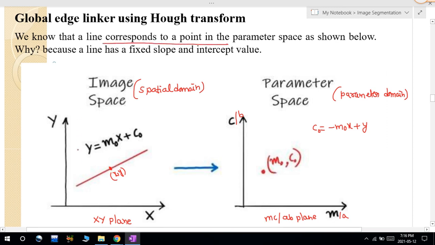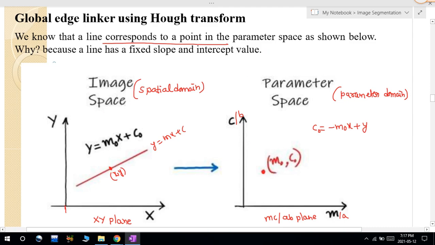In the image space, I represent the image in xy coordinates, and then I draw the line, whose equation is y equal to mx plus c. But if you represent the same line in the parameter space, that line will be converted into a single point. So I will try to find this m and c, the slope and intercept values.